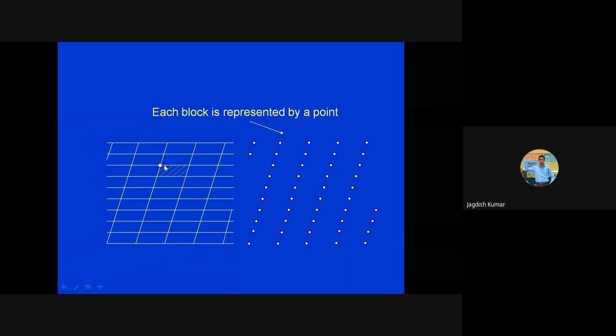So for each parallelogram, you're taking a point. I can represent the whole periodic structure with the help of this set of points. That is where the idea of lattice comes in the context of crystal systems.